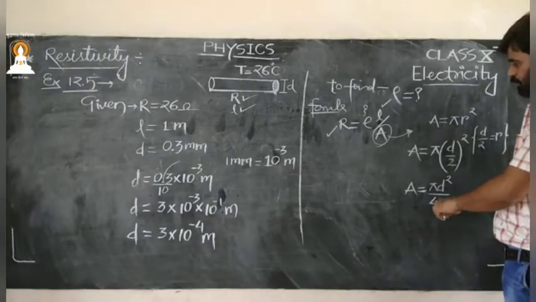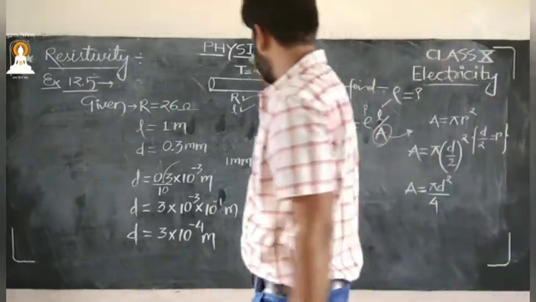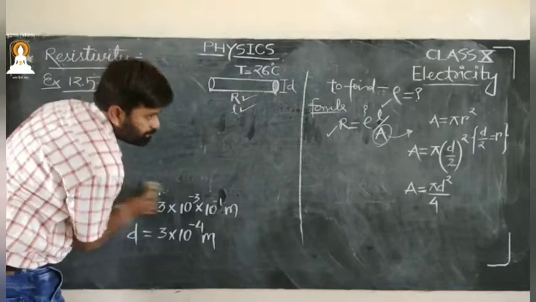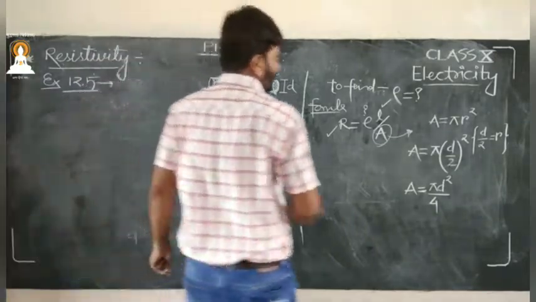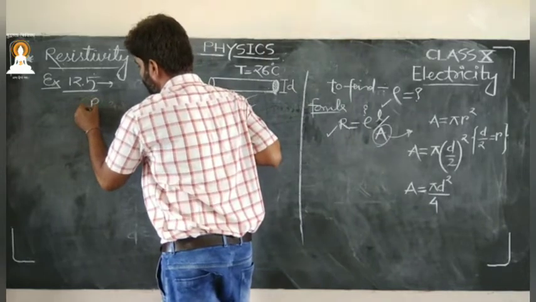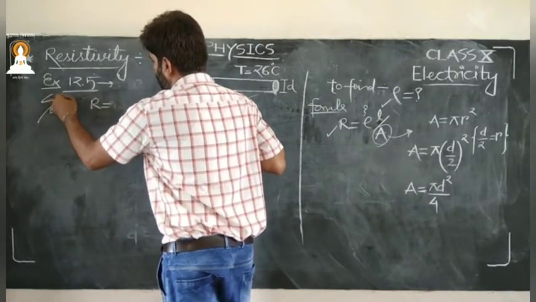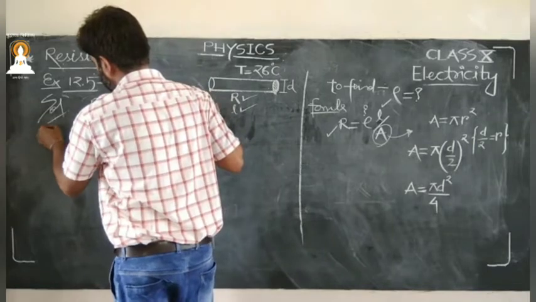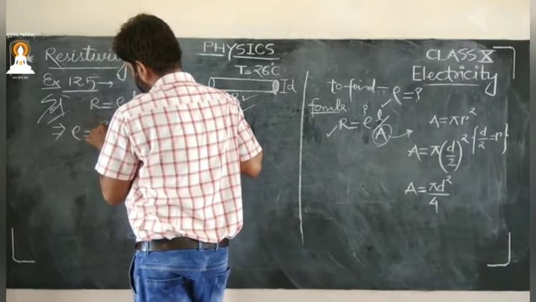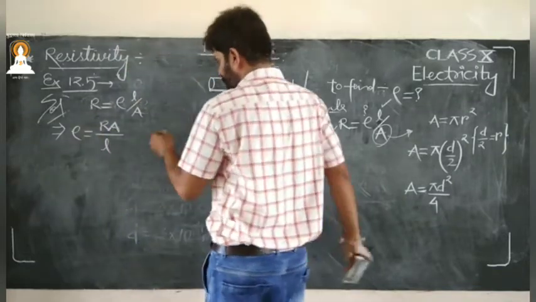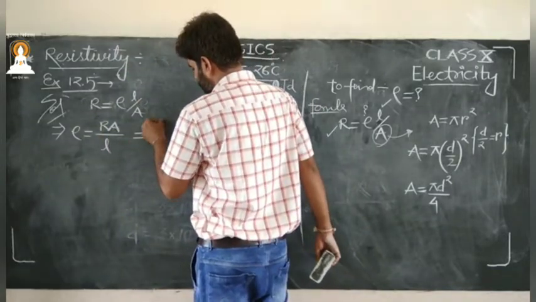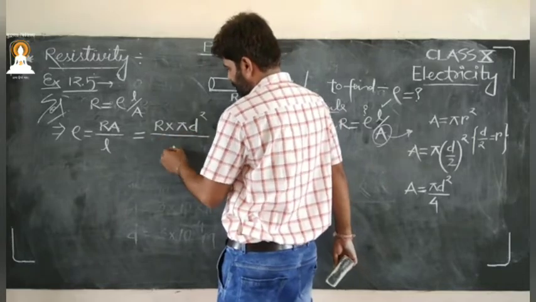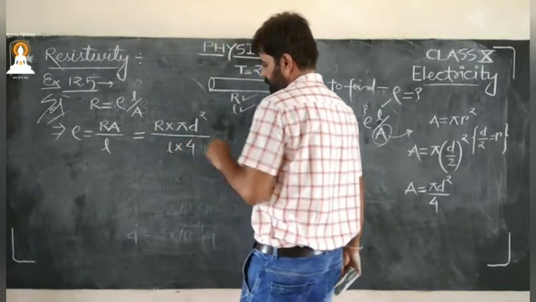Now R is equal to rho L by A, and if we need rho, then rho is equal to R A by L. That is R into pi d square divided by L into 4.